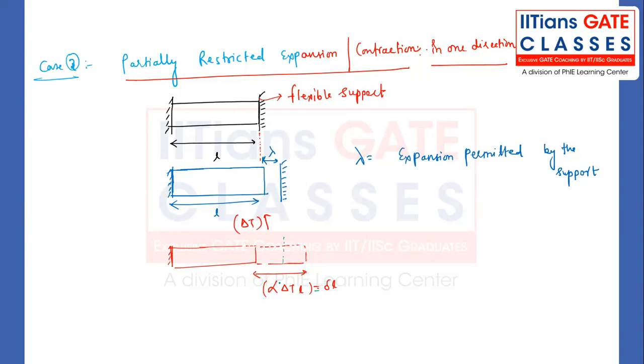We will slightly allow you to expand by the amount lambda, not completely, right? Then the support will say, go back by this amount. Which amount? This much amount was alpha into delta T into L. And we are allowing only lambda. So this much restriction is there, right?